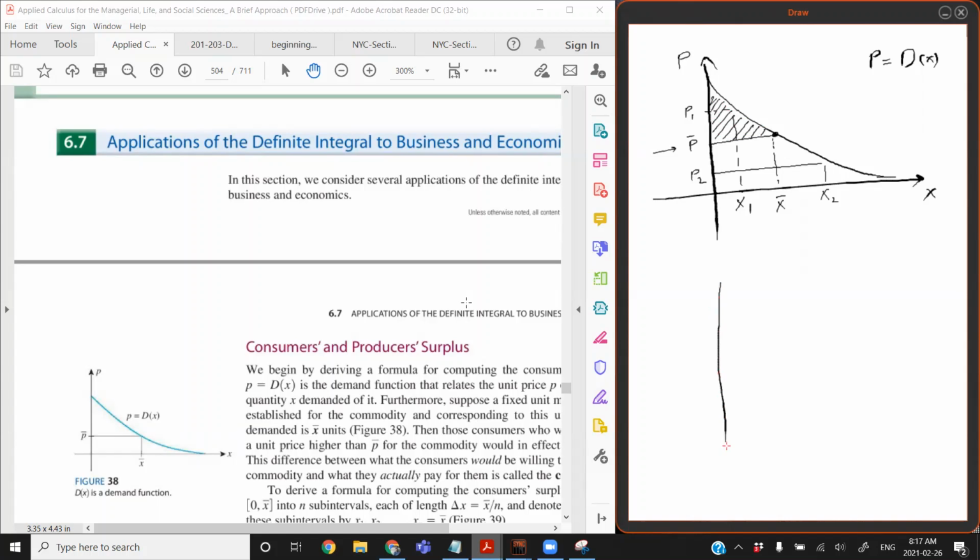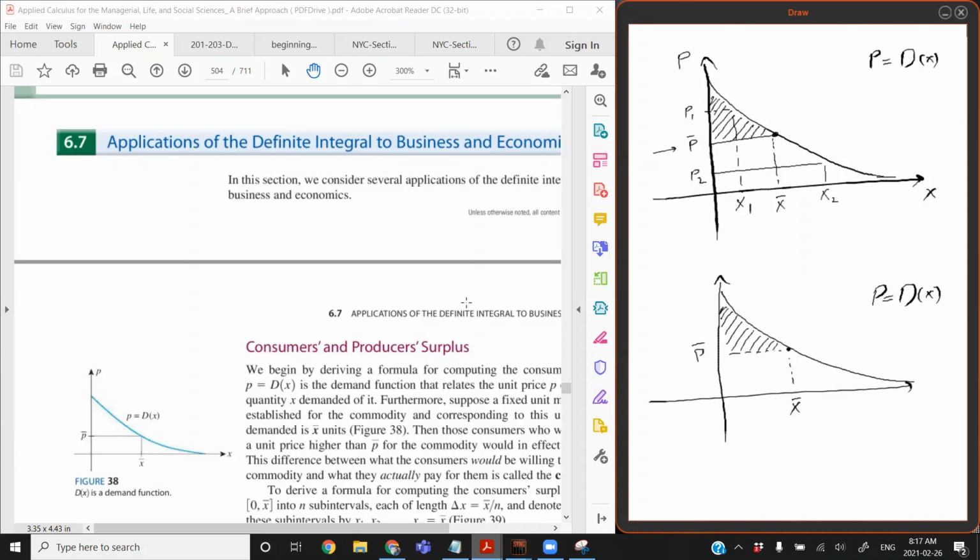So if this is the demand function, P equals D of x, and again, don't forget, demand is decreasing, and this is the established price associated to this amount of demand, then this area would be the consumer surplus.